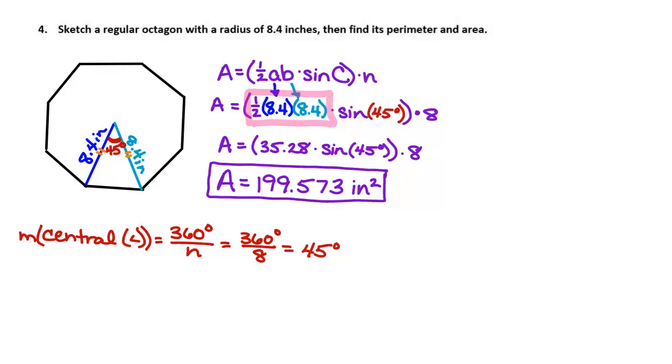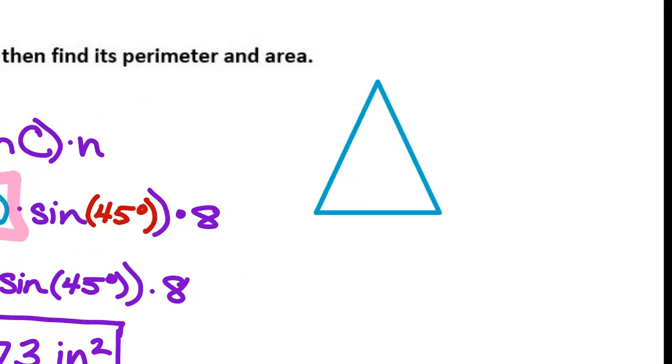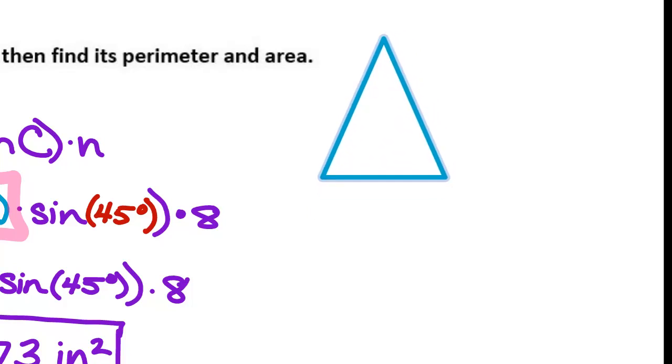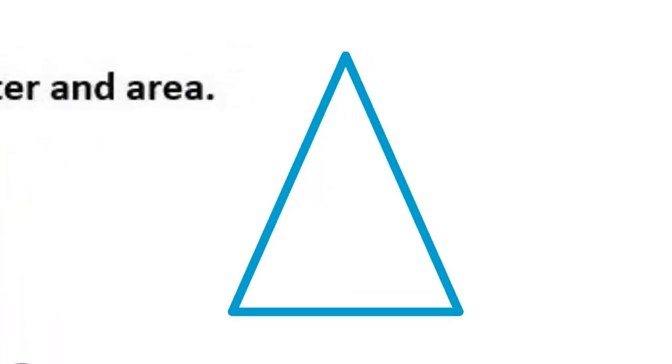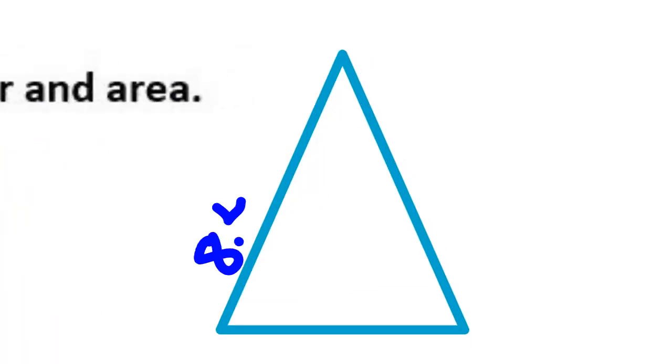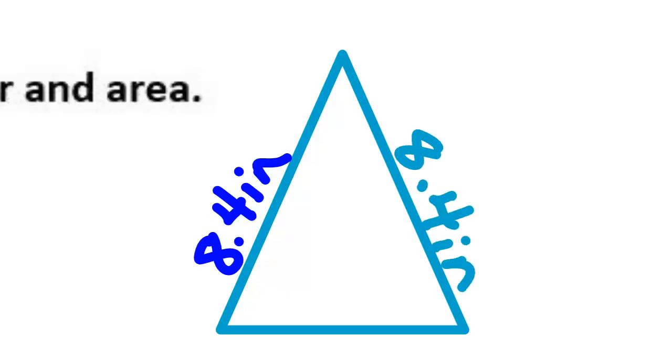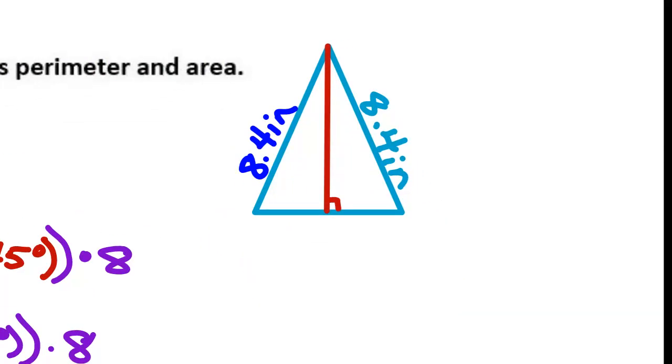We still need the perimeter. So to do the perimeter, we're going to redraw that triangle that we had made inside the octagon. I know that each of the radii are 8.4 inches. We are going to split that triangle in half vertically. Makes a right angle over here.